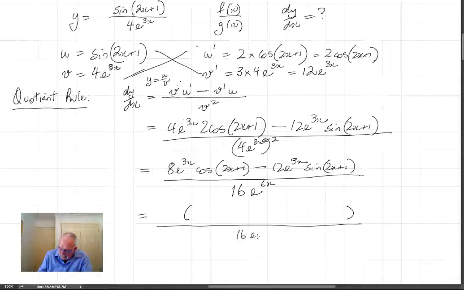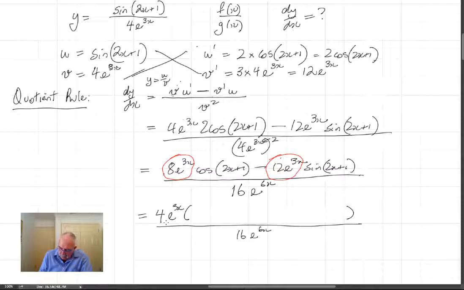So we'll put our 16e to the 6x downstairs. Look for a common factor here. We've got, maybe just use some red here. We've got 2 terms that look similar. And we say, well, what's the biggest number that goes into 8 and 12? And that'll be 4. And e to the 3x is common. So I can put e to the 3x up there.